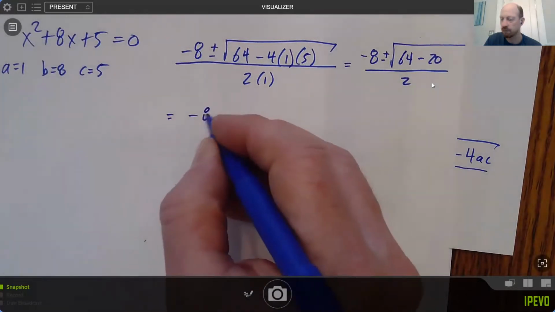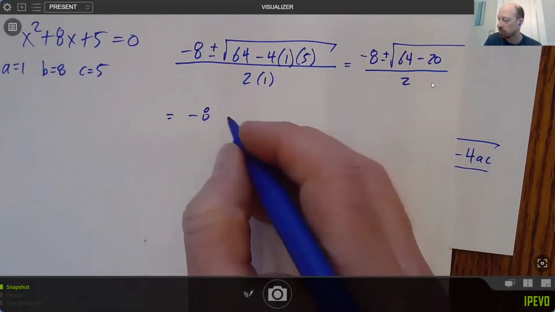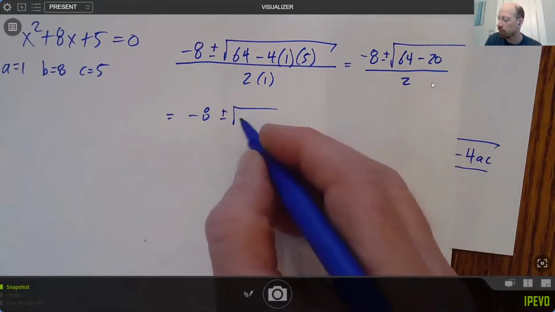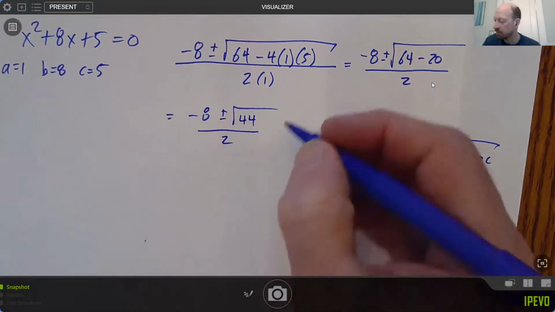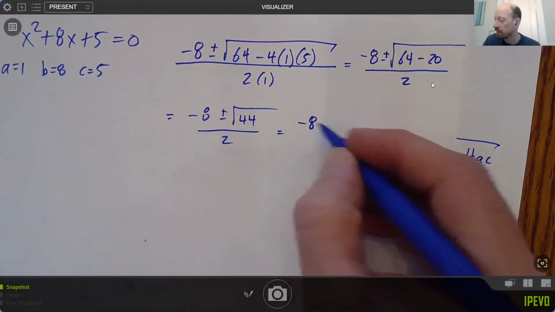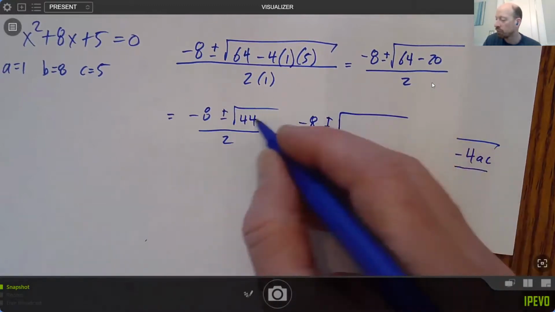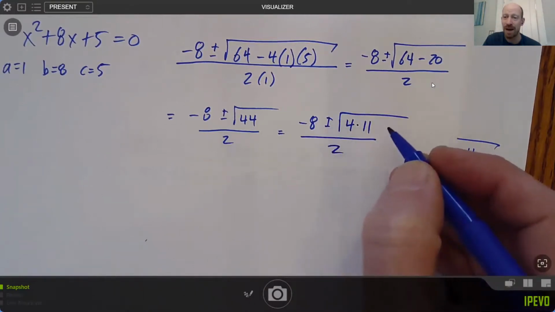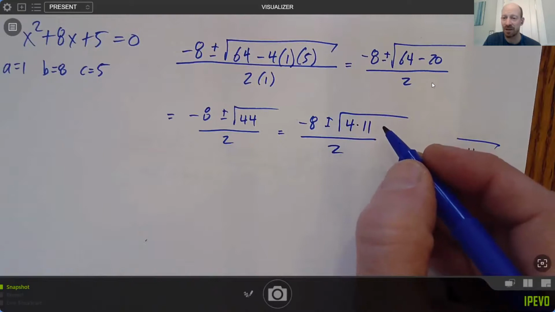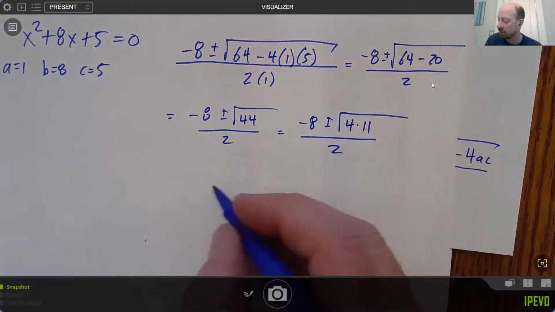Negative 8 plus or minus the square root of 44 over 2. To keep simplifying here, 44 is 4 times 11. This is why we had to do the radical section first, right? Because we needed to be able to simplify these.